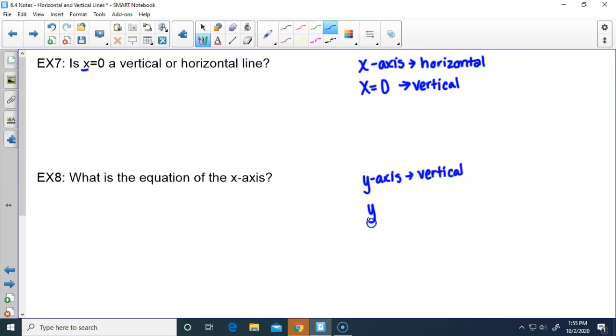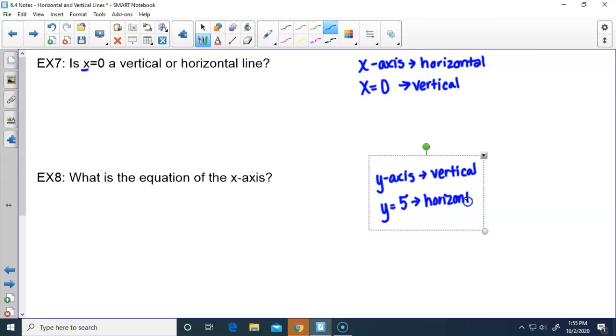But if I have an equation of y equals 5, then that would be a horizontal line. So this equation here, x equals 0, is going to be a vertical line.